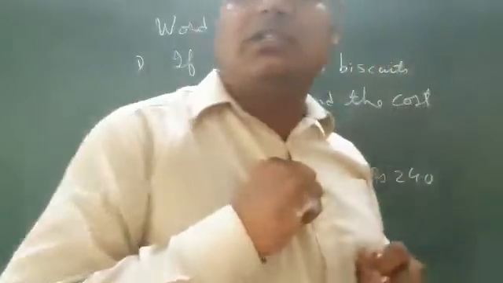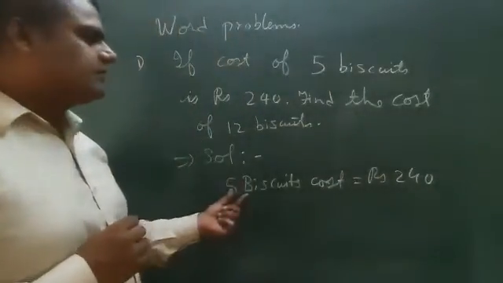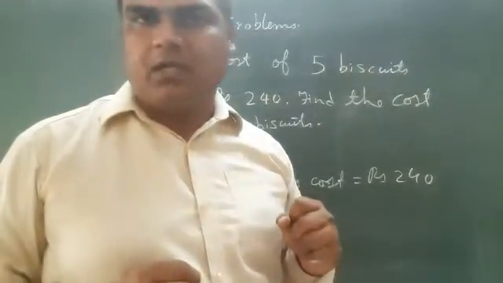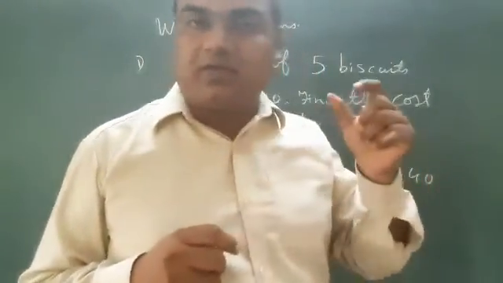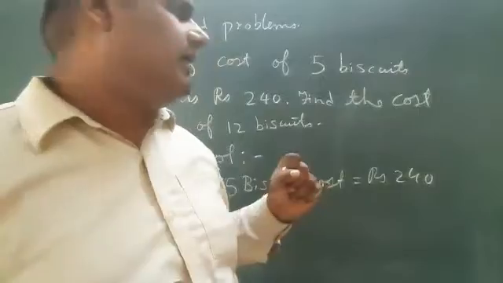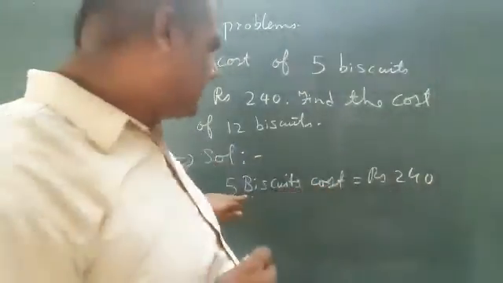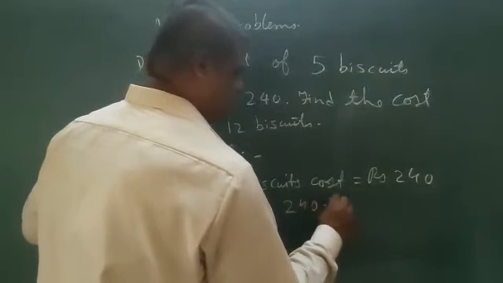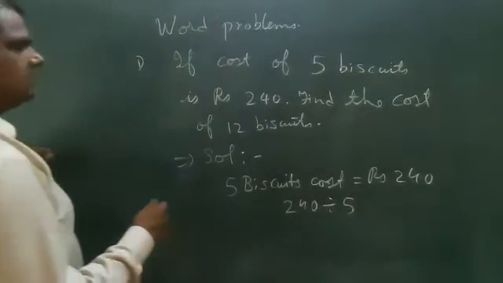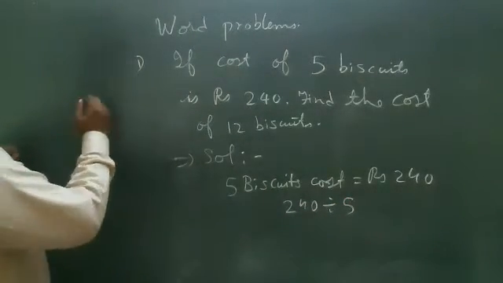So 5 biscuits cost rupees 240. Now how to find for one biscuit? So we have to do division. Straight away, total cost divided by number of biscuits. So 240 divided by 5. So we will do the division.